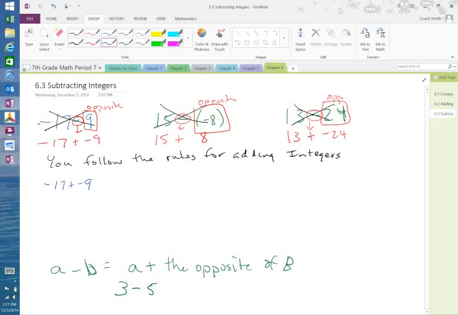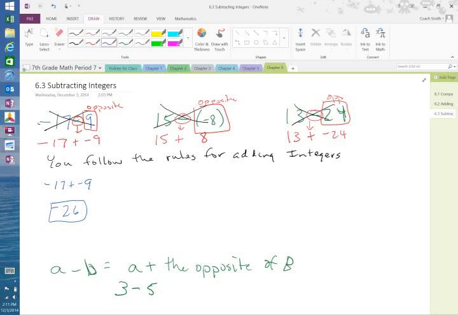Treston, what do I do when I have two negative signs in adding? Okay, I add them up. So, Tayshawn, what is 17 plus 9? 26. And it is a negative 26. That is your answer to negative 17 minus 9.